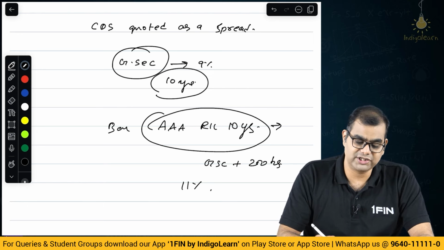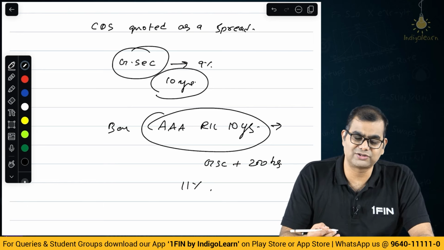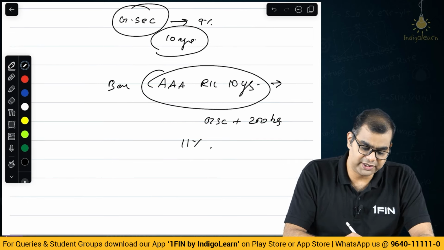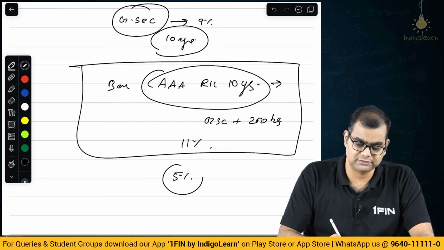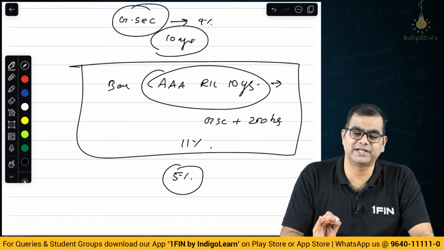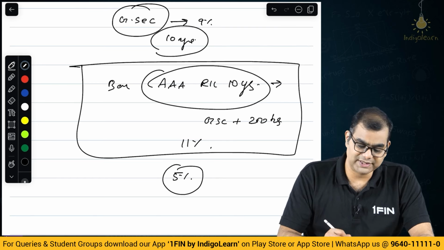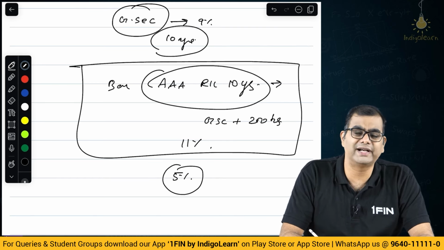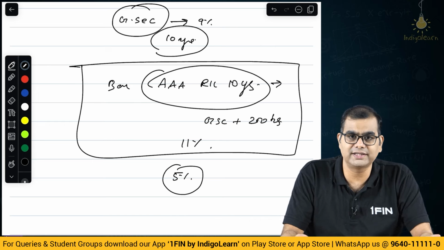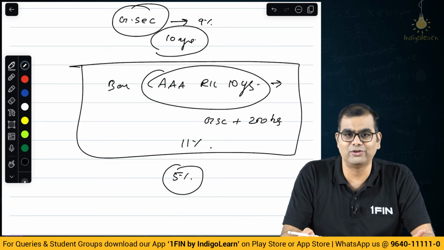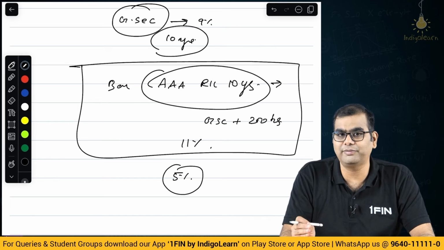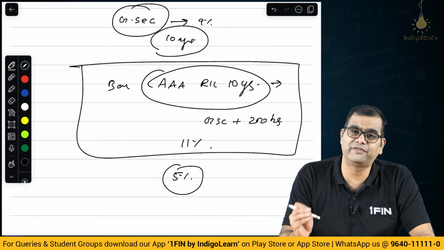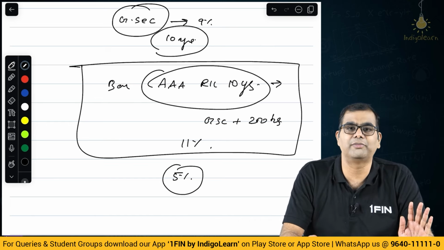What they basically say is, if you want to buy a CDS for this particular bond, it is quoted as some percentage, 5% over GSEC. What is the credit risk of a GSEC? 0. Government of India credit risk is 0. If they don't have money to pay you, they will print money and pay you. Whether that money has value or not because of excessive printing, inflation, is a different aspect. But they will pay you your money.